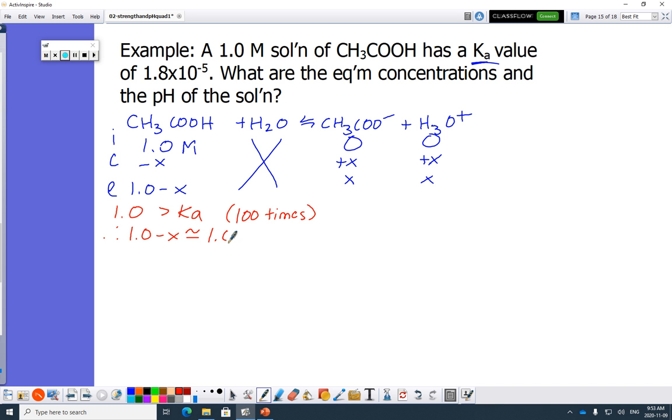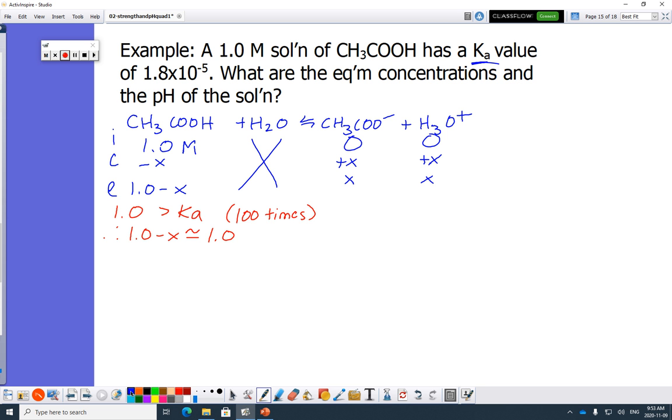So we can say 1.0 minus x is approximately equal to 1. There are times when your textbook will still use the approximation, and I'm like, are you sure? But they do it anyways. So make your life easier, and when you have a value, you can ignore the x. These two have no values, so you can't put nothing, right?